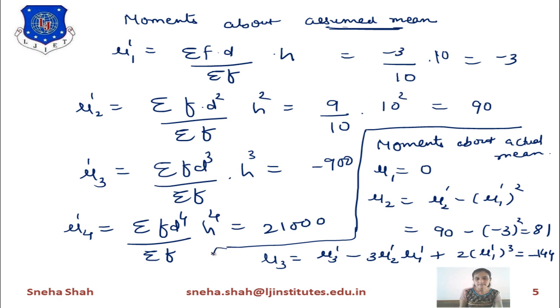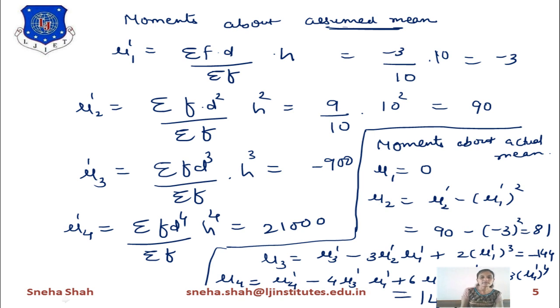And the last term we find is mu4. The value of mu4 equals mu4 dash minus 4 mu3 dash mu1 dash plus 6 mu2 dash mu1 dash whole square minus 3 mu1 dash raised to 4. Simplifying this, the answer will be 14817. So this way we can find the moments about the actual mean.